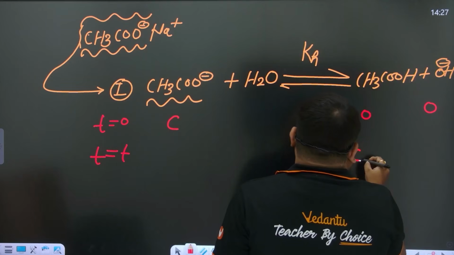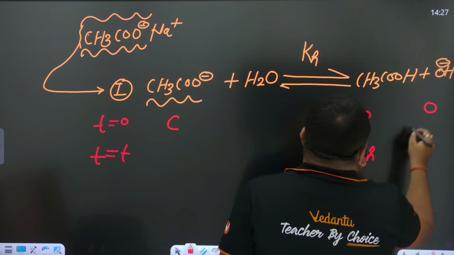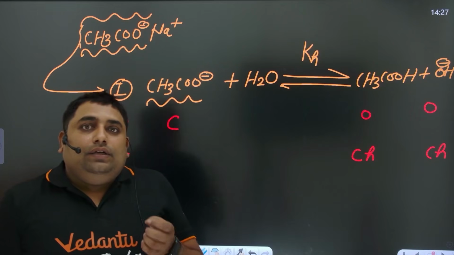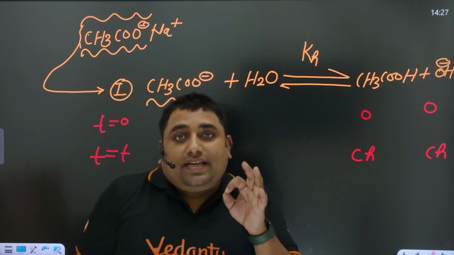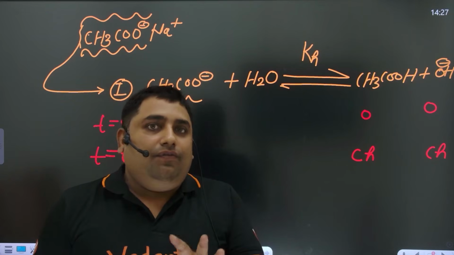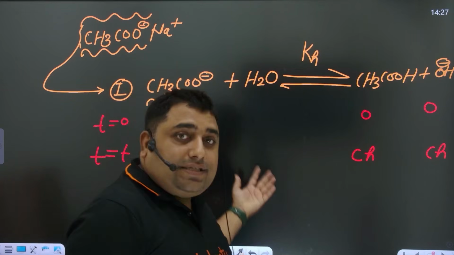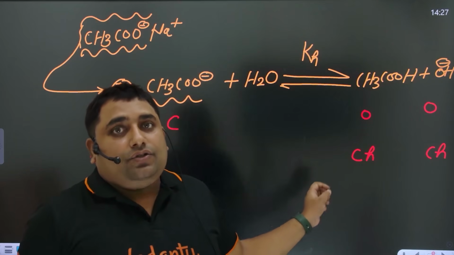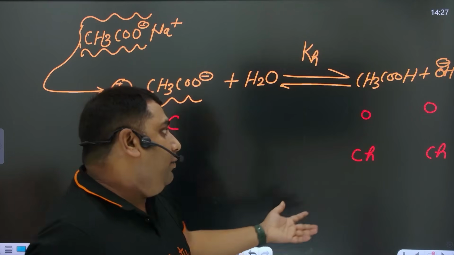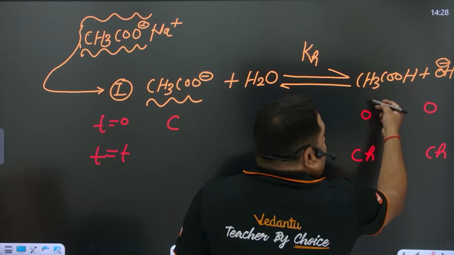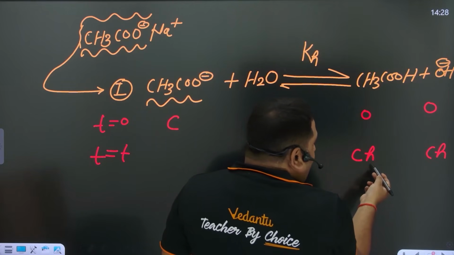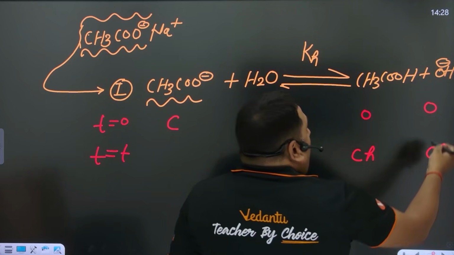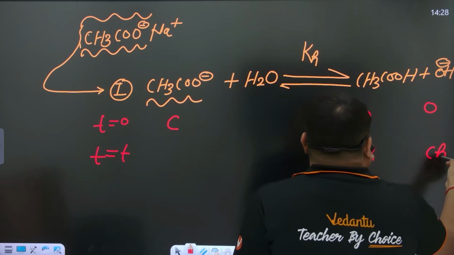The concentration of this acetic acid is Ch, and this is also Ch. Here h is the degree of hydrolysis, just like the degree of dissociation alpha. Here hydrolysis is taking place, so in place of alpha we have to take h, right? So the concentration of acetic acid in terms of degree of hydrolysis and C is Ch, and the concentration of OH minus ion is equal to Ch here.